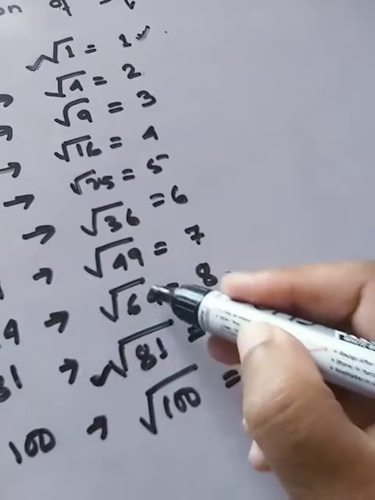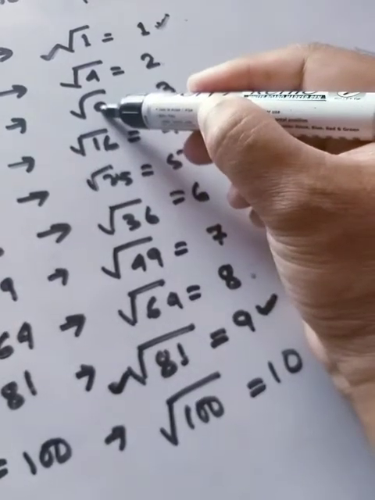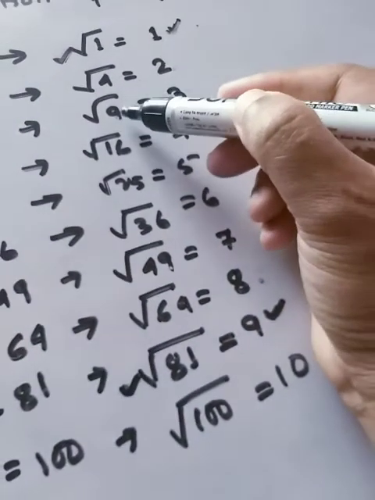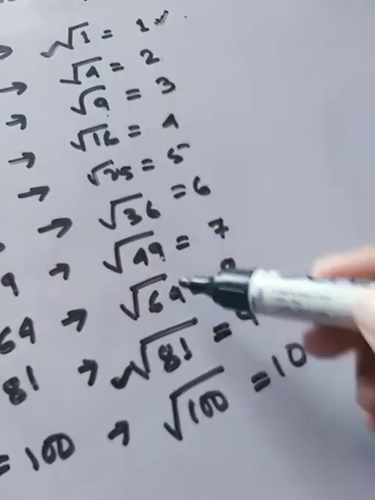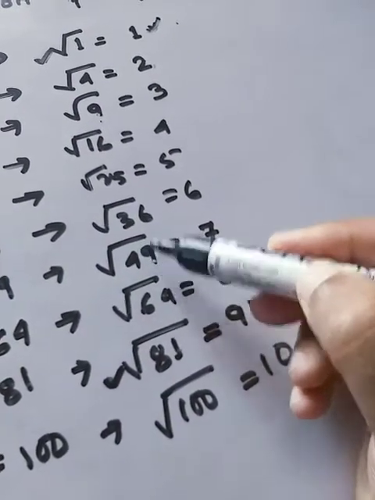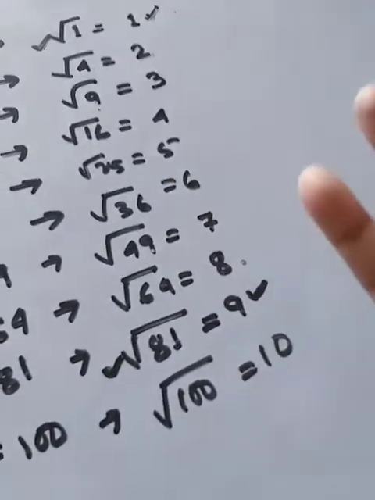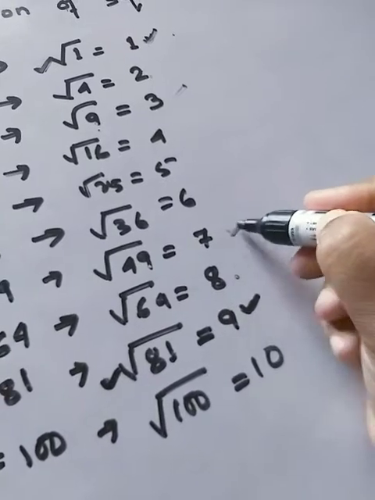So 4 is a possibility. Okay. Similarly, 9 and 49. You see? So any square number which carries 9 as a unit digit number, see 9 and 49, so they could have the square root unit digit number as 3 or 7.